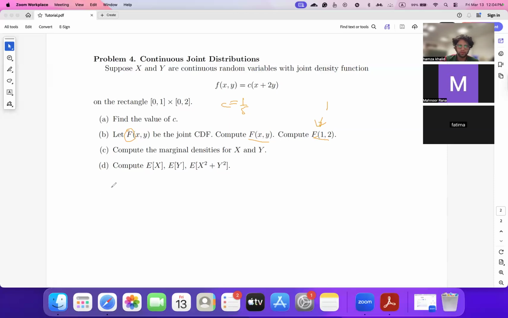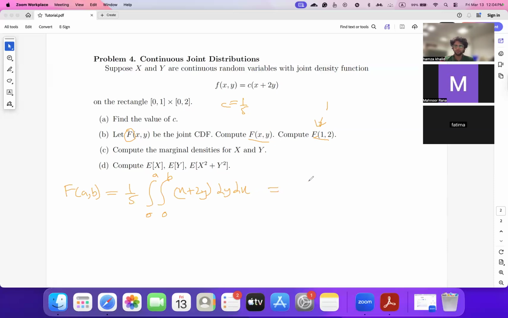Yeah, okay. Let's just now calculate F, I'm going to use the dummy variables. So 1 by 5 inside, and then 0, 0 to a and b. And then I have x plus 2y, right? dy dx.